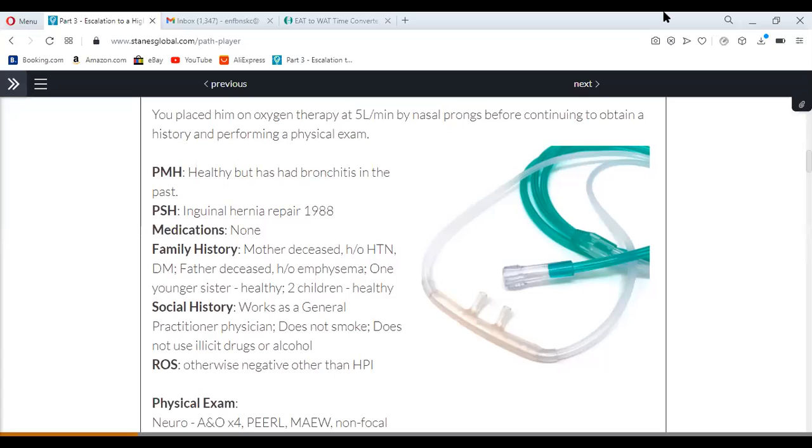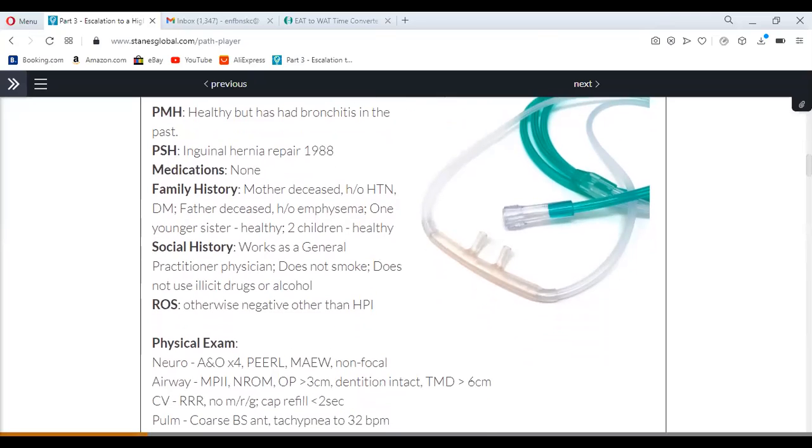He's not on any medications currently for any illness. And his family history revealed that the mother was deceased. She had a history of hypertension and diabetes mellitus. The father is also deceased. He had a history of emphysema. He has one younger sister who is healthy, and he has two children that are healthy.